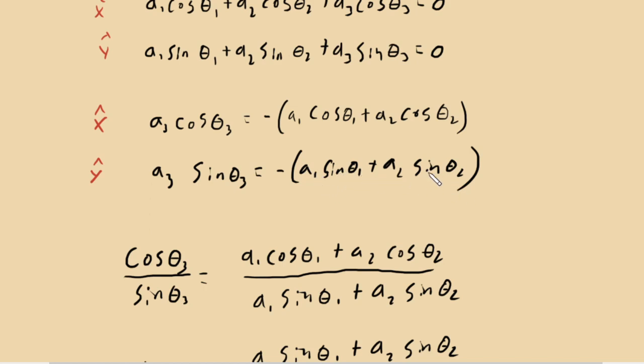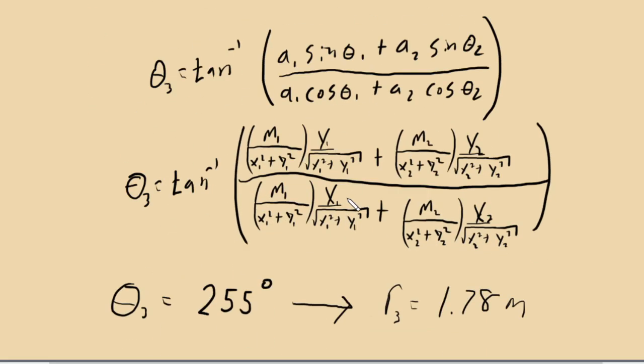I suppose you could have solved for all that from the get-go and plugged it in, but I just derived it and plugged it all in. After dividing this term by the sine of the angle that we just found, we find that our magnitude, our radius, R3, is 1.78 meters from the origin.